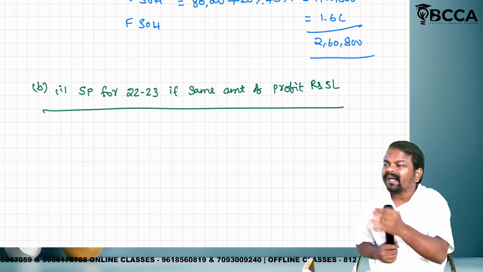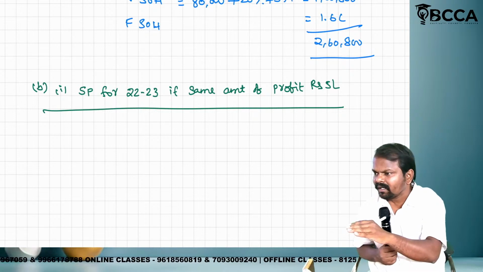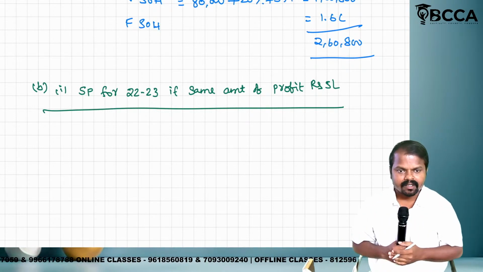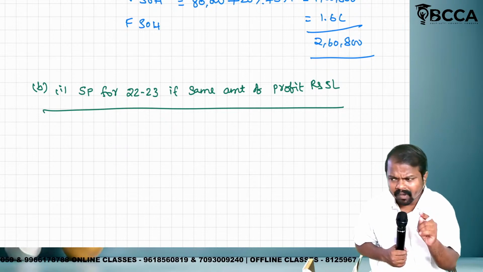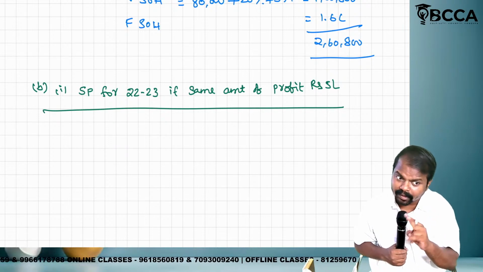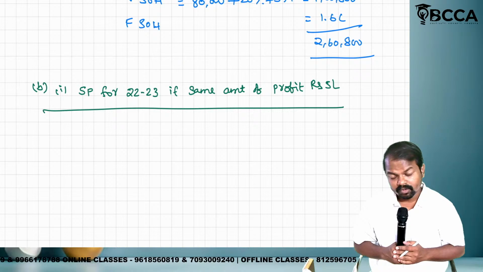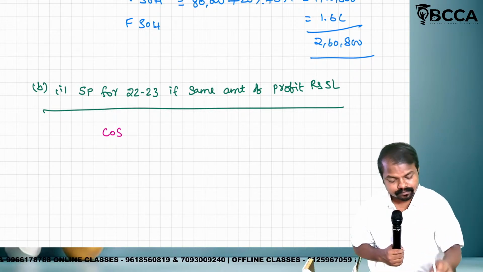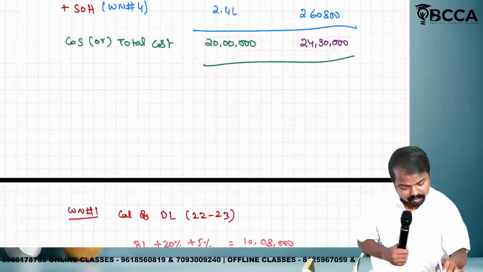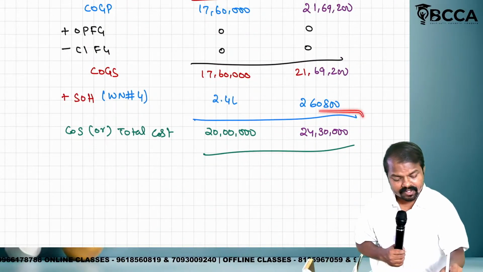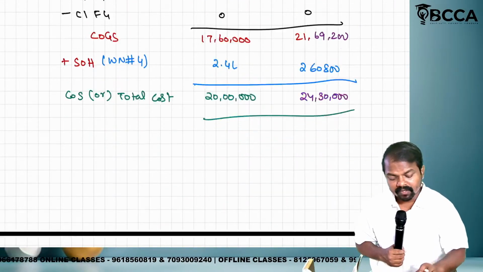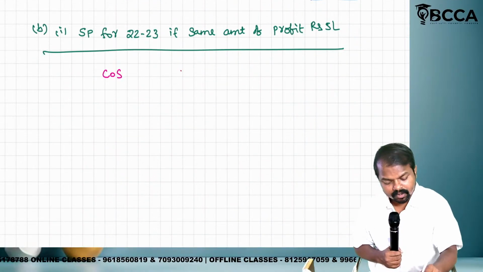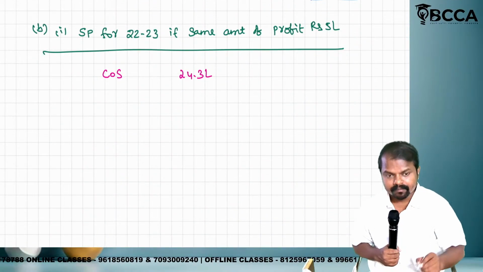Listen. Whatever profit we earned last year, the same profit I want. Now tell me, what is the selling price? You want the selling price for 21-22 or 22-23? 22-23. What is the cost of sales? Please check the question. Solution: 24 lakh 30,000.